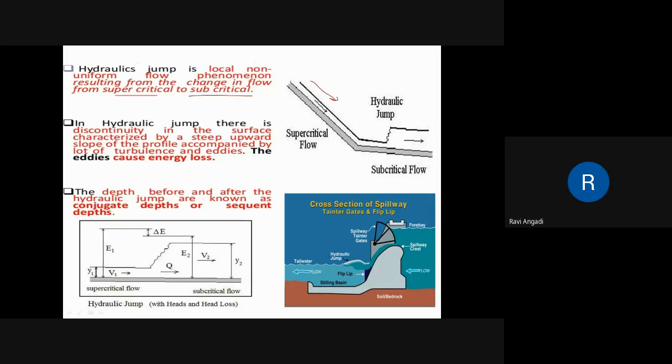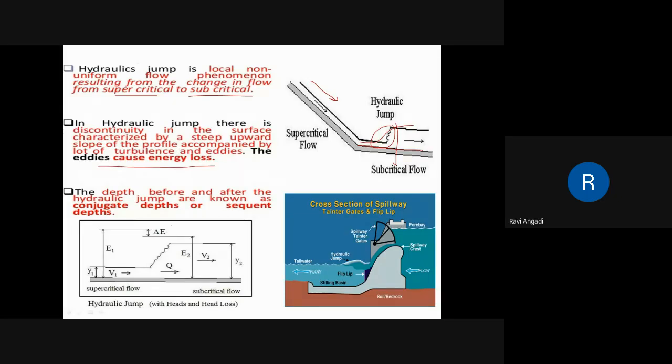The flow is very fast, and when it reaches a mild, horizontal slope, suddenly the depth increases. In between supercritical and subcritical, the hydraulic jump takes place. In a hydraulic jump, there is a discontinuity in the surface characterized by a steep upward slope of the profile, accompanied by lots of turbulence and eddies. The eddies cause the energy loss.